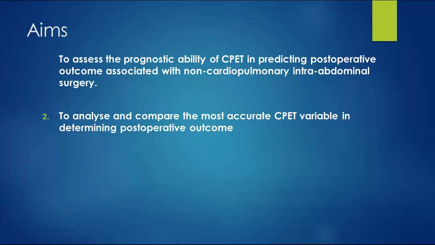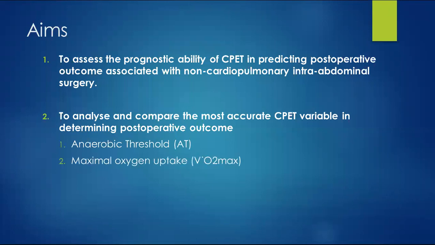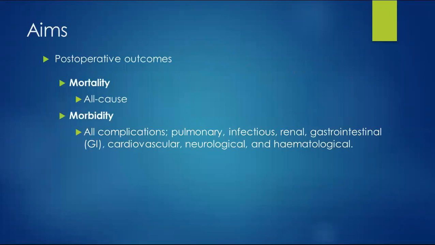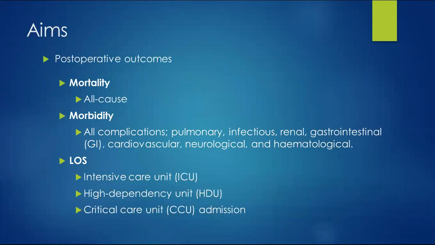It was also trying to analyze which CPET variable was the most effective in determining outcome, whether it's the anaerobic threshold, VO2 max, or the maximum oxygen consumption, or ventilatory equivalents. The post-op outcomes it focused on included all-cause mortality, premature morbidity as well as length of stay in the intensive care unit or HDU.